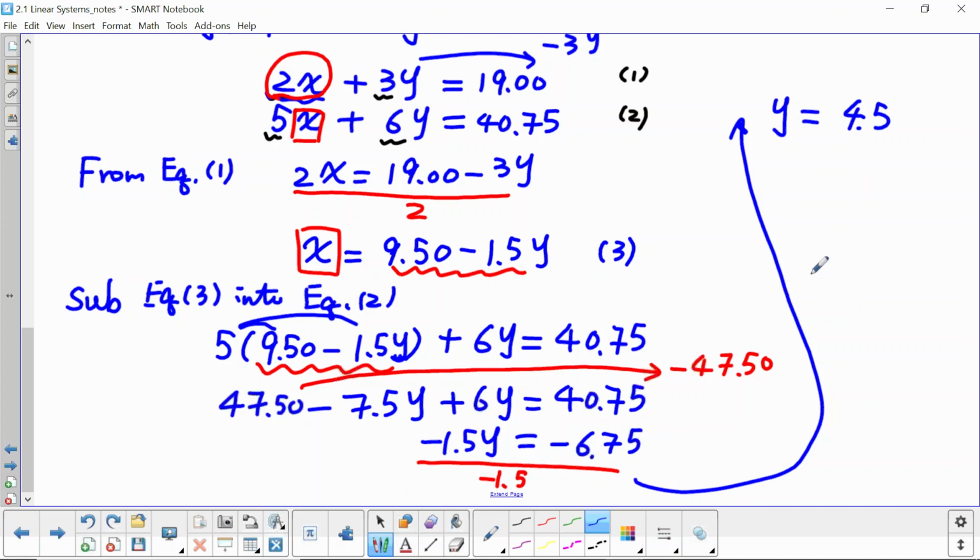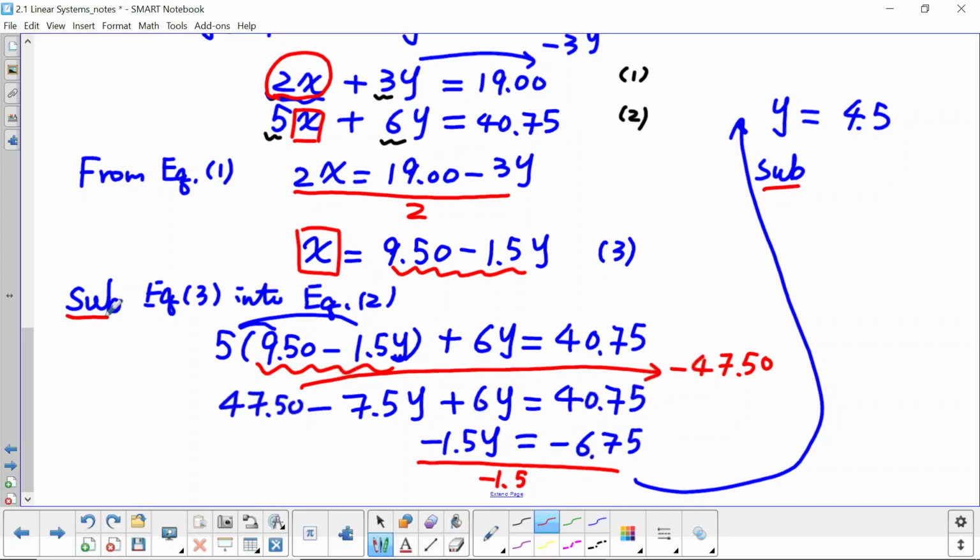So now we know that one hamburger is $4.50. Also, you need to find the price for one hot dog. We are going to sub it into equation 3 because x is isolated. So you have two substitutions, sub twice.